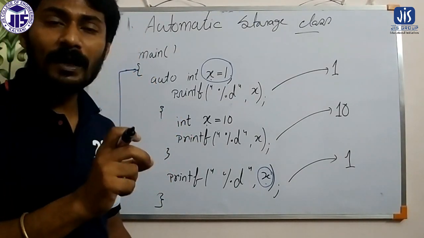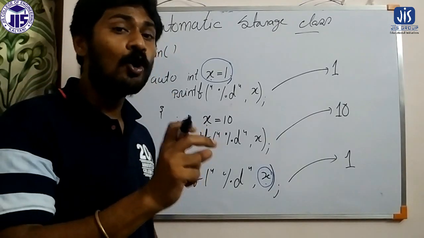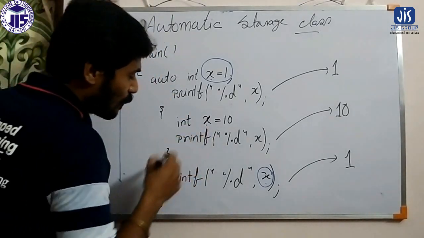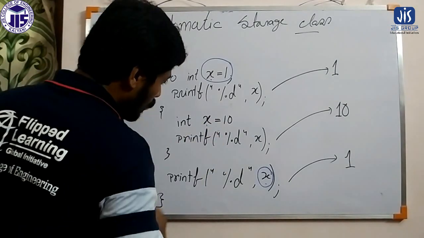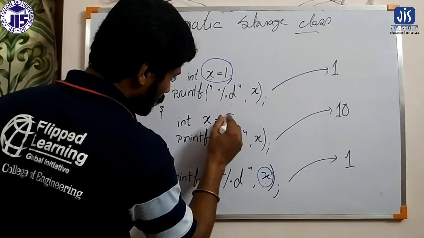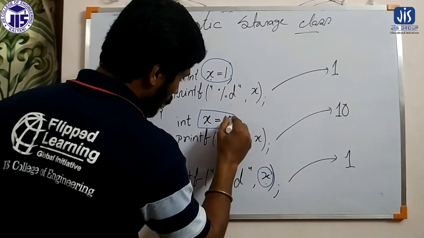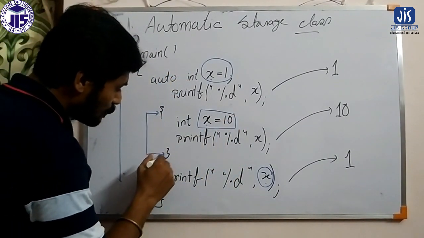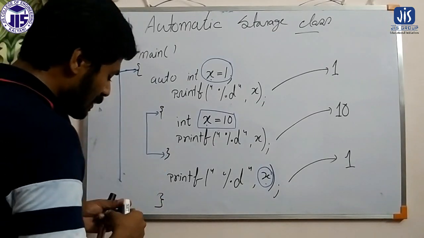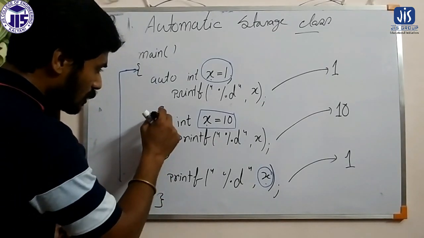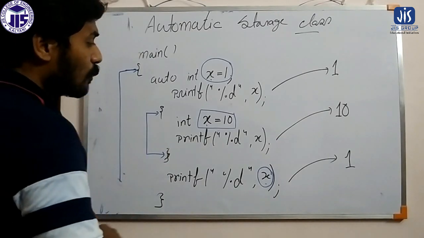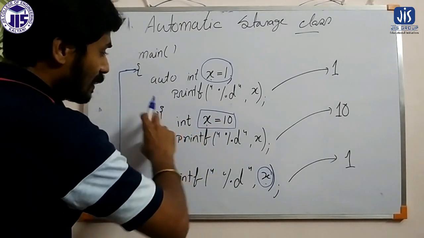It will be available only inside that block where we have declared it. That means this x variable we have declared inside this block. Okay, this parenthesis is basically representing a block. So this x variable we have declared inside this block.